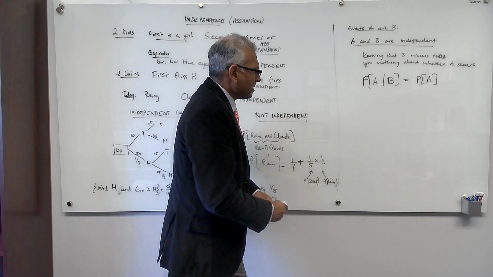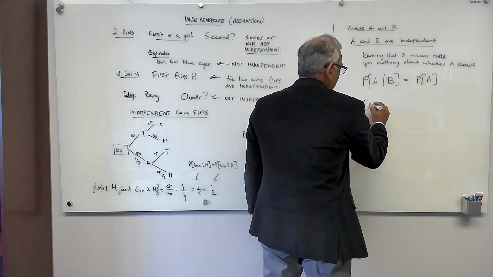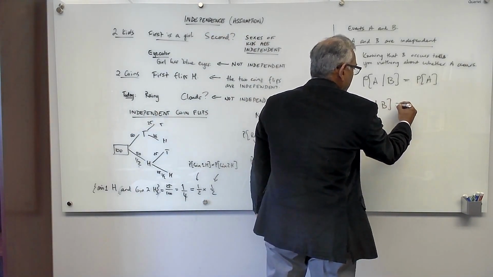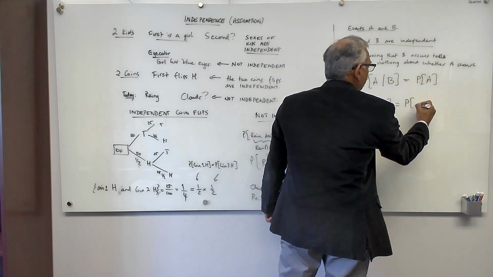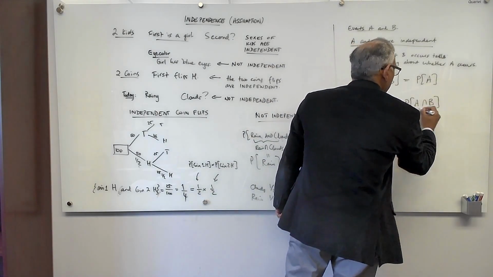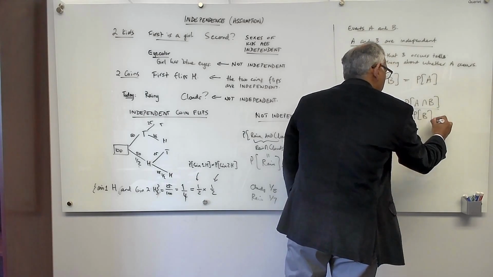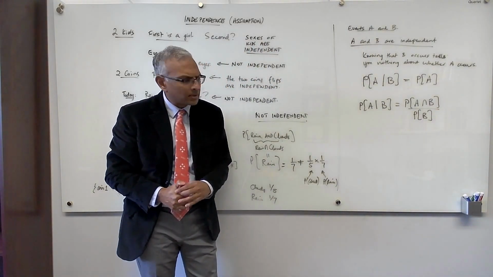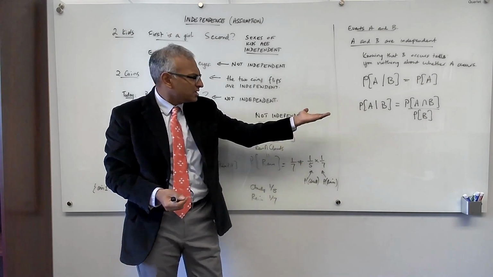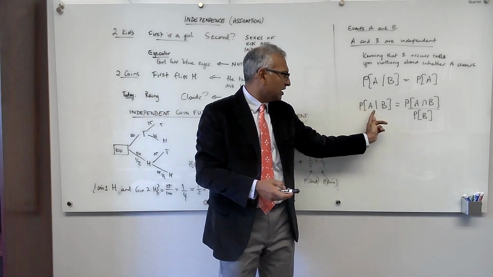Remember, the probability of A given B is equal to the probability of A and B divided by the probability of B. That's the definition of conditional probability, the probability of A given new information.